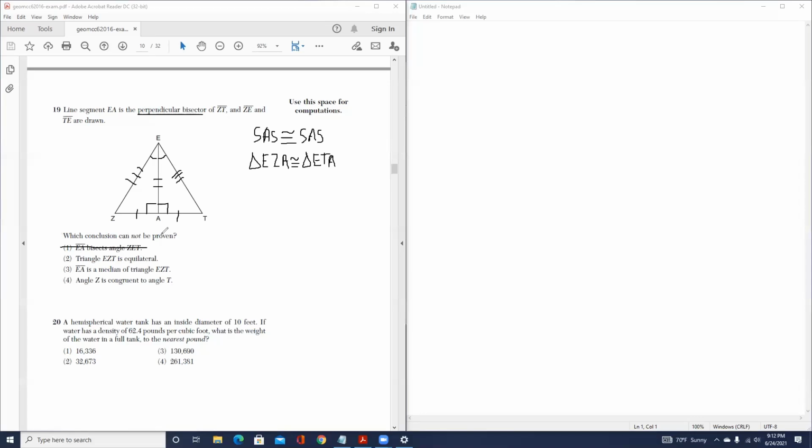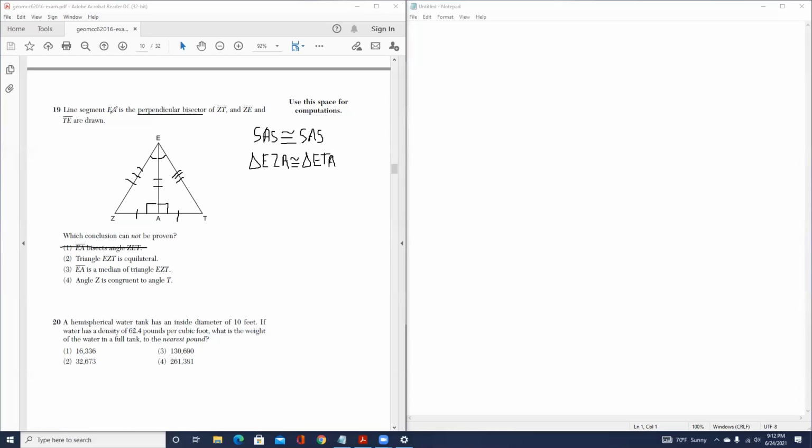Now, once again, let's move on to the next conclusion. EA is a median of triangle EZT. And the definition of a median is a line that is drawn in a triangle from a vertex to the middle of the opposite side. And in this case, we know that EA is a median because we proved that EA is the perpendicular bisector of ZT.